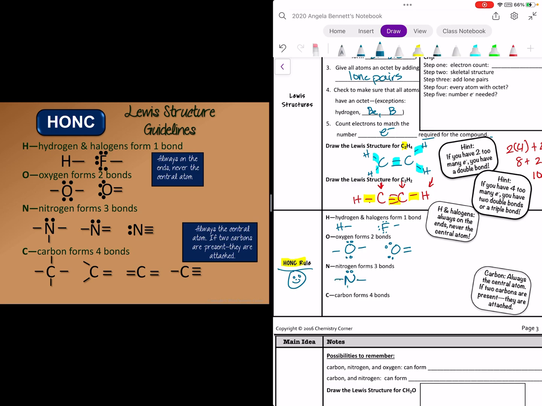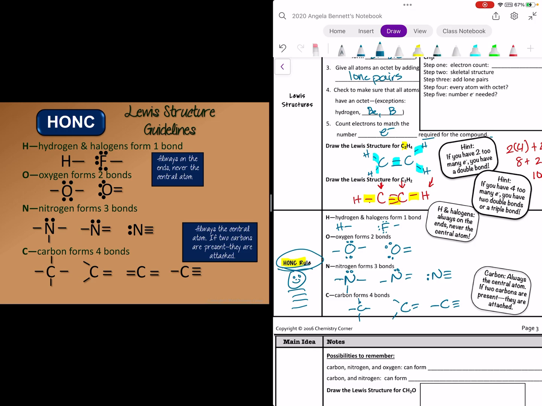So he can make 3 single bonds, or he can make a single bond and a double, or a triple bond. And then carbon, he looks like that. So he can make 4 bonds. He can make a double and 2 singles. He can make a triple and a single. All right, so this is their honk rule. Honk rule is what makes them so happy.